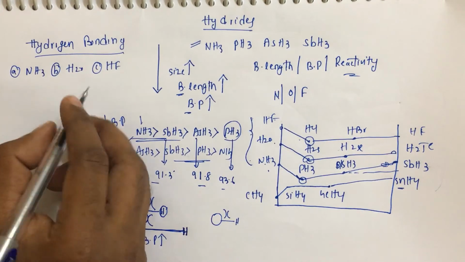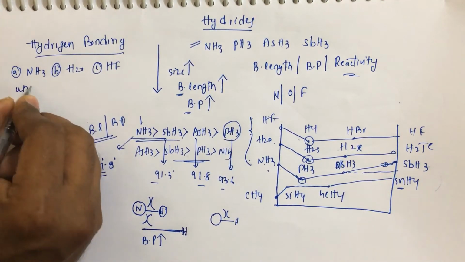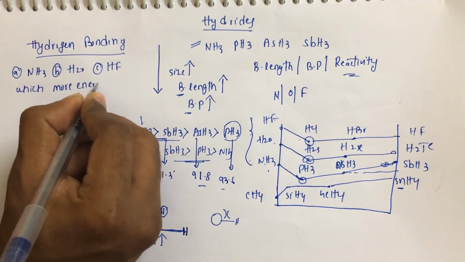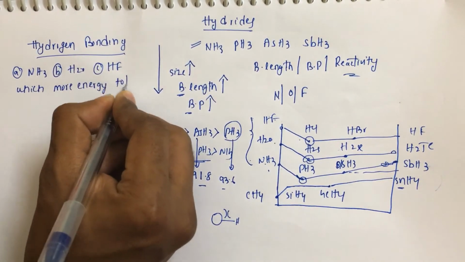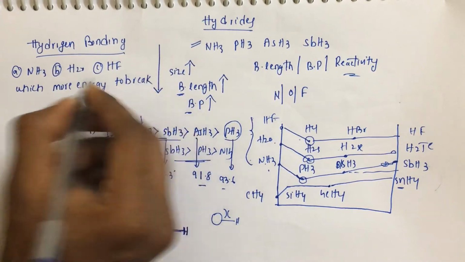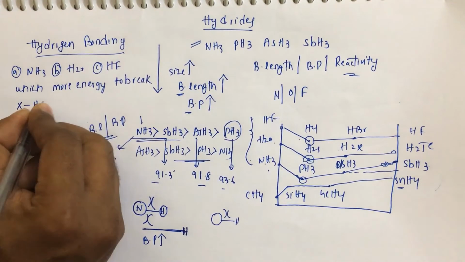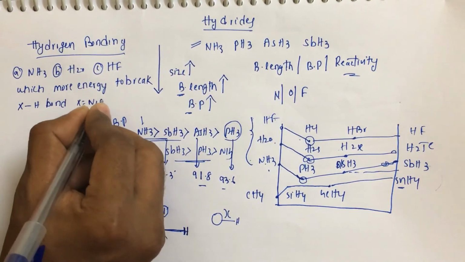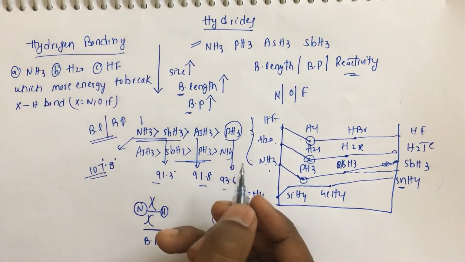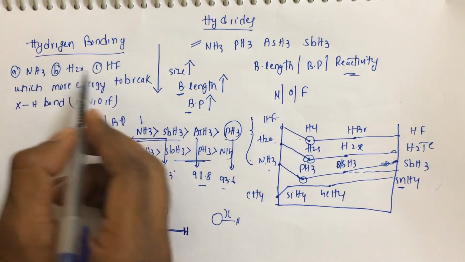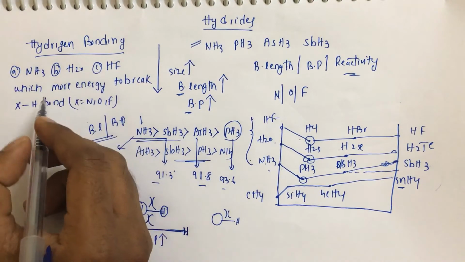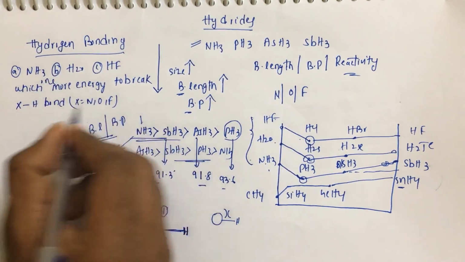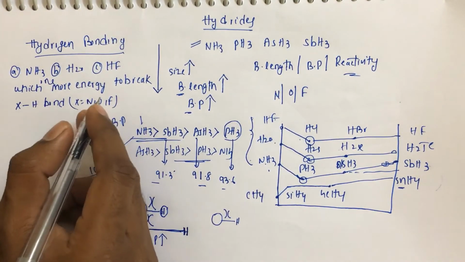And the question is, which one requires more energy to break the XH bond? Here X equals nitrogen, oxygen and fluorine. So this is the question: we have three compounds, NH3, H2O and HF. Which one requires more energy to break the XH bond?